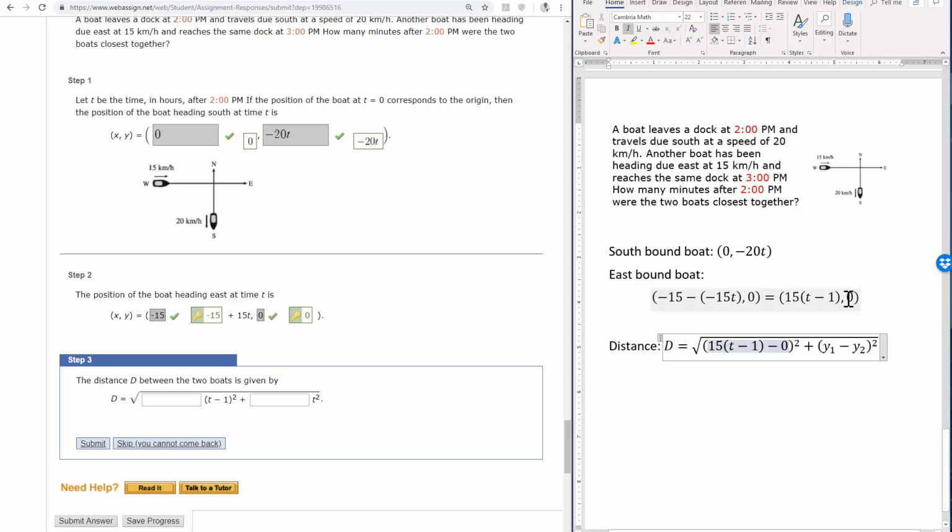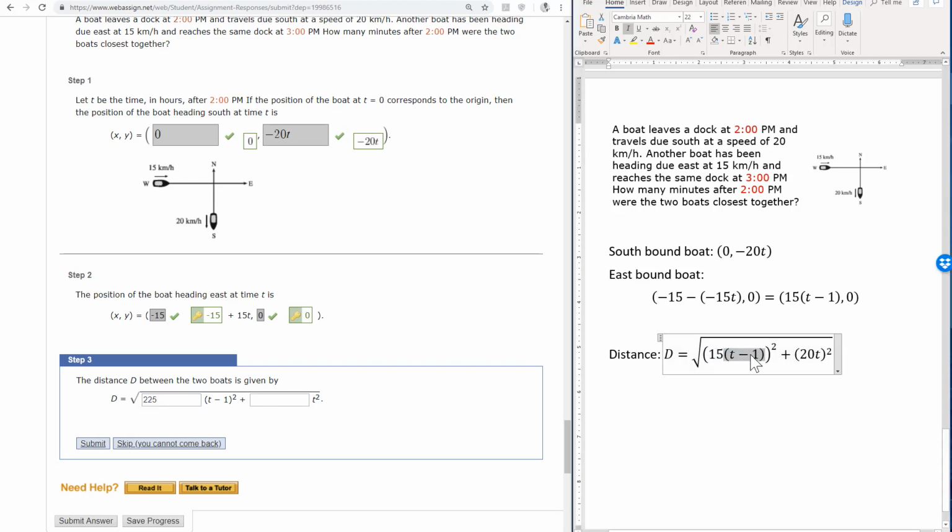Your y1 is, in this case, going to be 0. And your y2 is this value, which is negative 20 t. Negative negative is going to be a positive. Let's just knock out the zeros anyway. So if we look at these things as something squared, 15 squared, I believe that's 225.